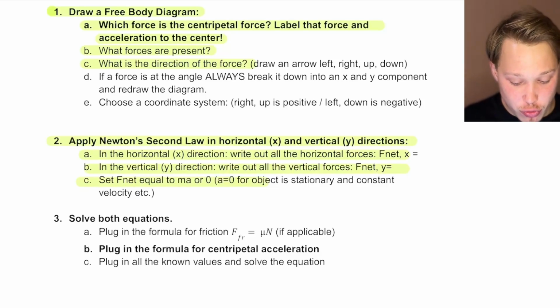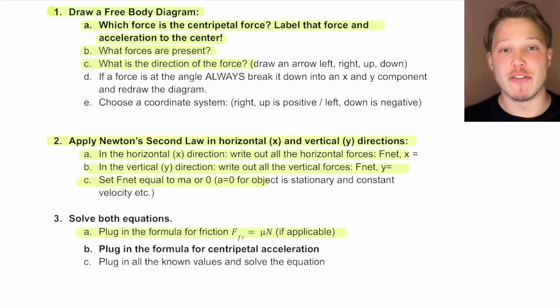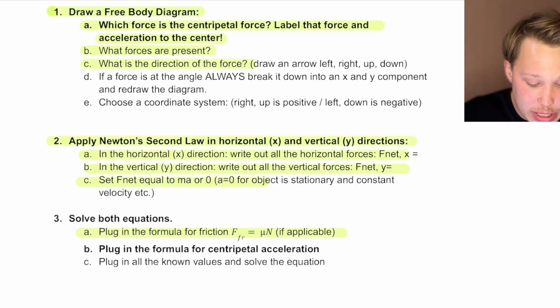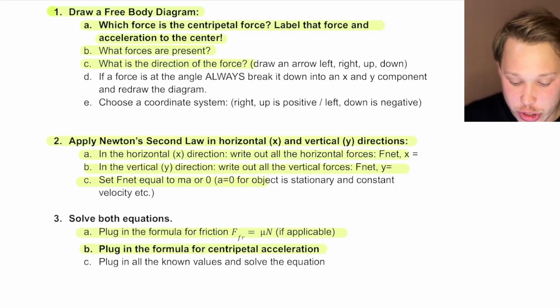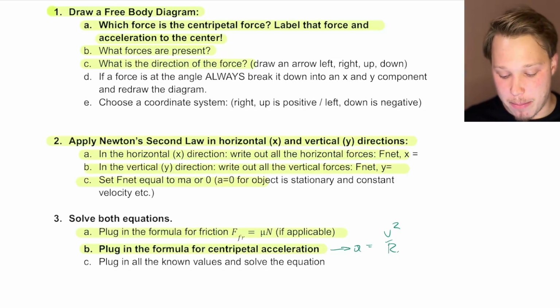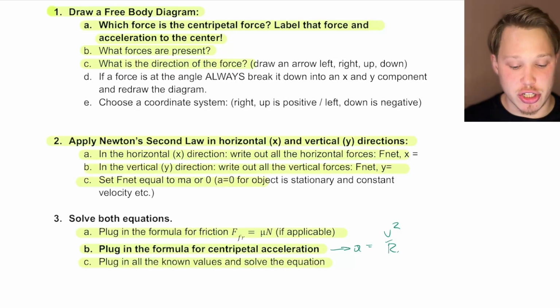In part 3, in addition to applying the friction formula, plugging in for all of the unknowns and for formulas like force of friction, if friction is applicable in this problem, we will basically always plug in the formula for the centripetal acceleration, which, I will remind you, is v squared over r. I would say in 99% of the problems we have to plug in this equation right here. We plug in everything else and essentially solve the equation.